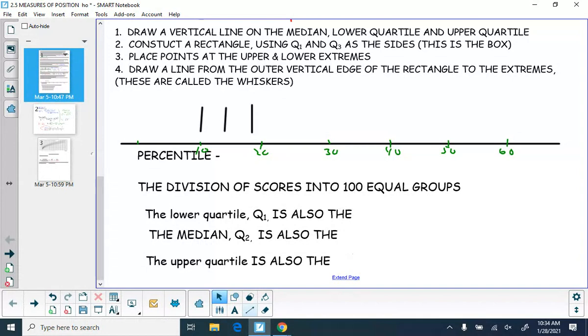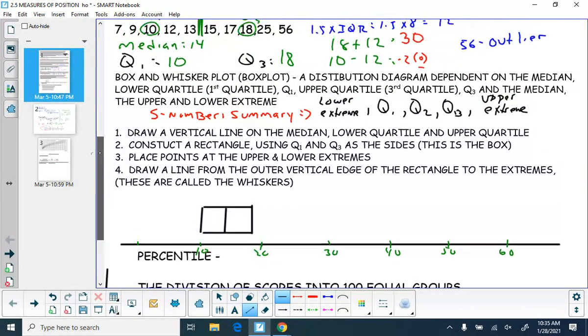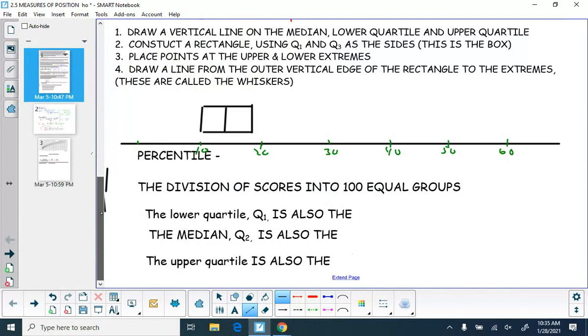Construct a rectangle using the Q1, Q3 as the sides. This is your box. So there's our box. Place a point at your upper and lower extremes, which are 7 and 56.